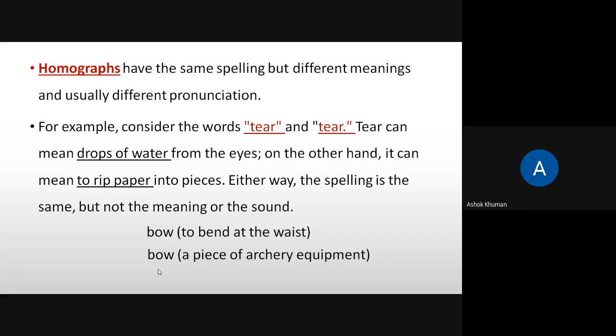You have two words, either the same in sound or the same in spelling, but the meaning is different, so you have two different sentences. Once you are able to make sentences using those words, then things are clear.